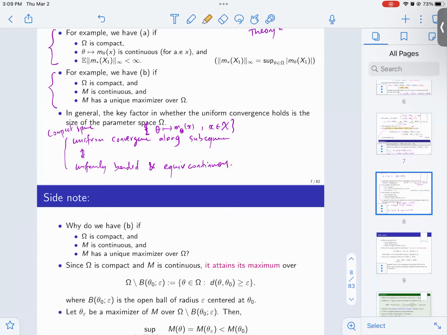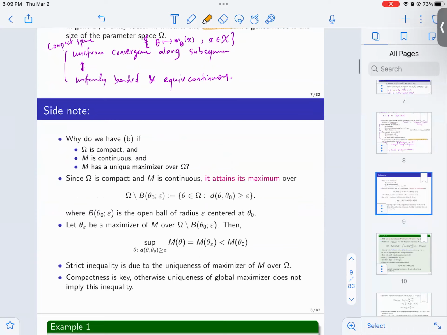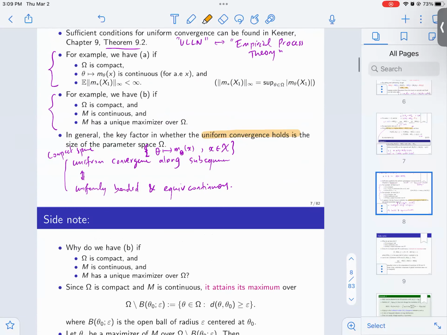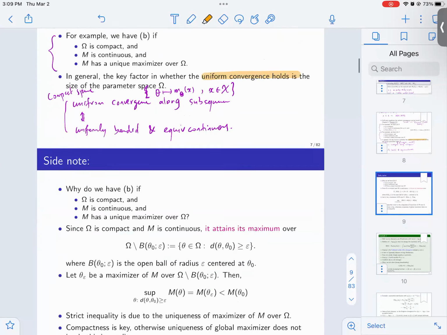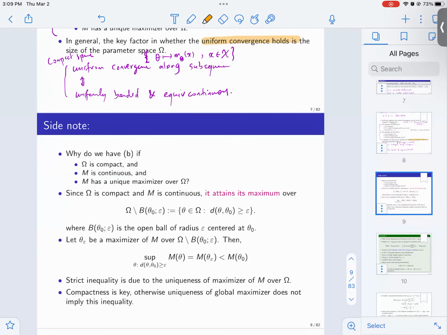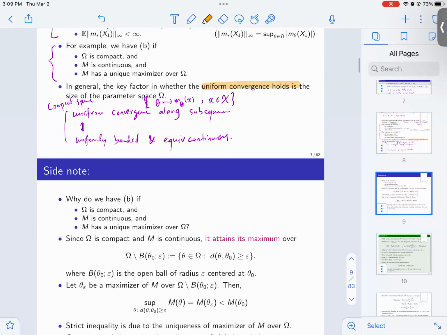One more point here about uniform convergence. Actually, I have the proof here. You can read it for yourself: not the proof of the uniform convergence, sorry, but of the second condition, why this is enough.